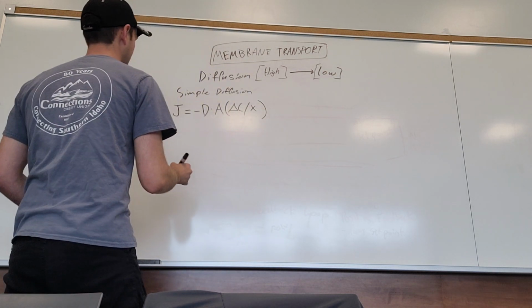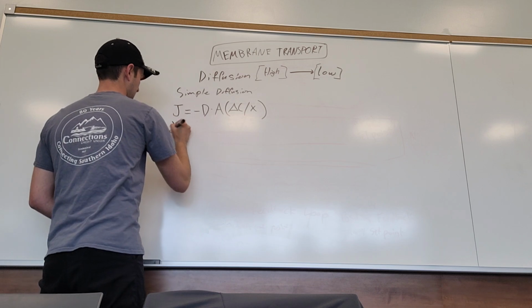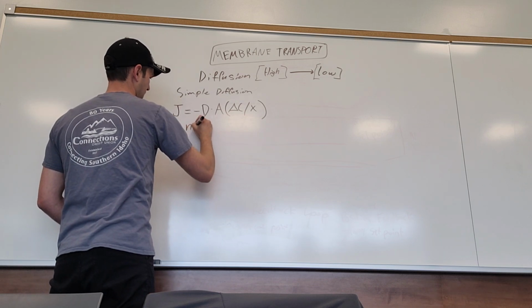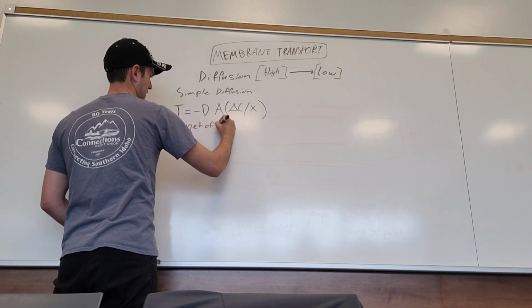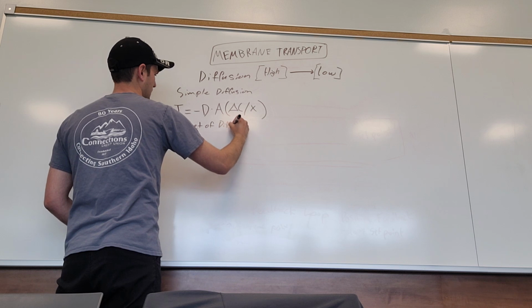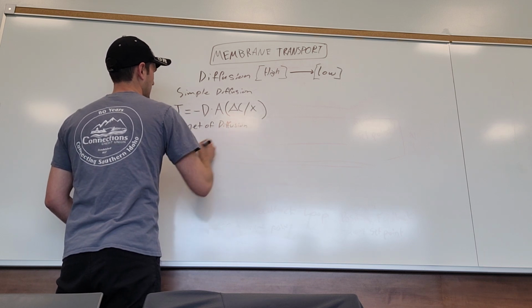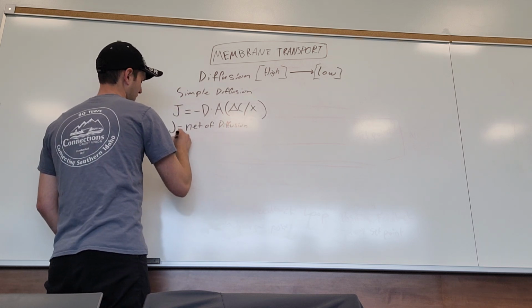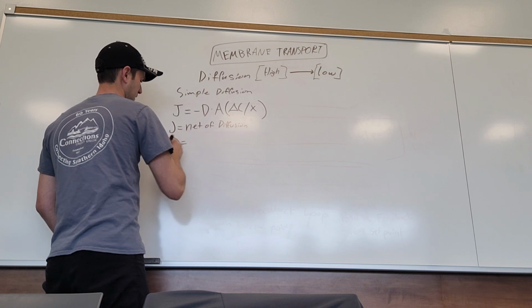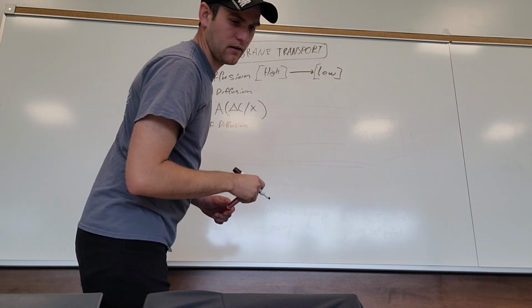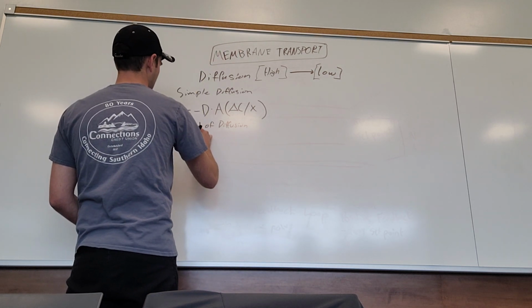Yep, perfect. Okay, so our J, that's just the net rate of diffusion. So that's what we're trying to find, just how much something is diffusing. Our D, that is going to be our diffusion coefficient.